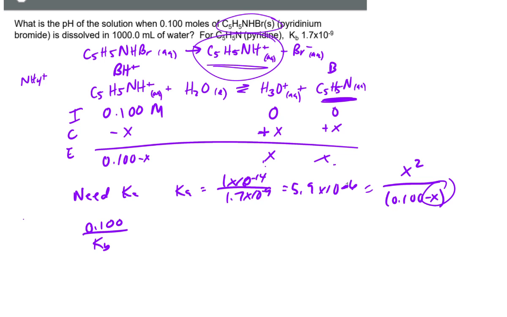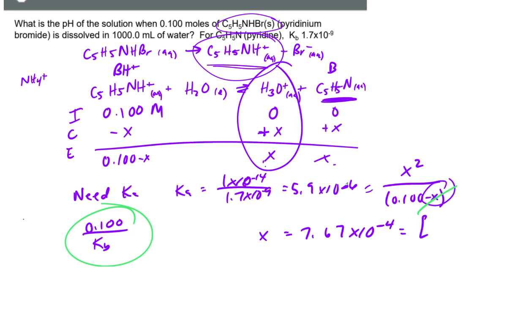And it is small, so I'm not going to do the math. It's greater than 1,000, so we can ignore X in the denominator. Then solving for X, we get X equal to 7.67 times 10 to the minus 4, and that is equal to H3O+ from our ICE table. And so we can take minus the log of that value to get the pH.